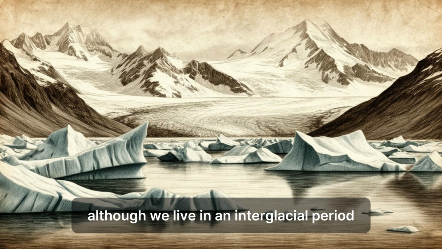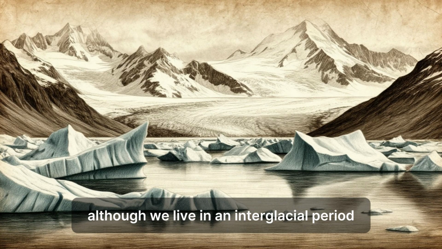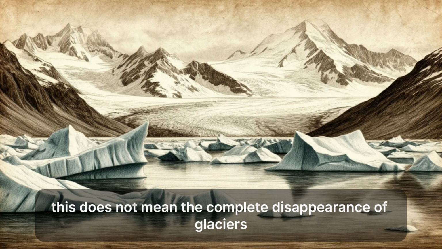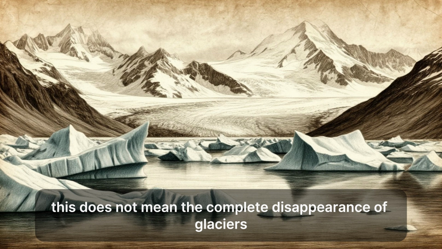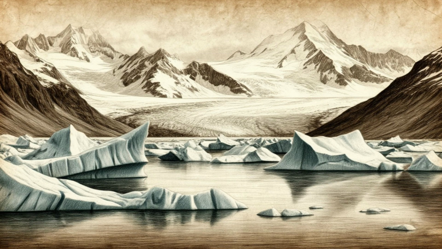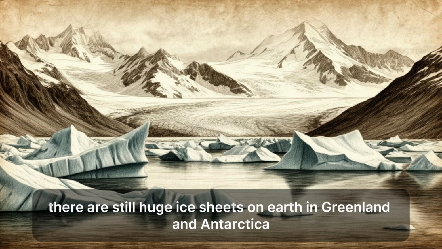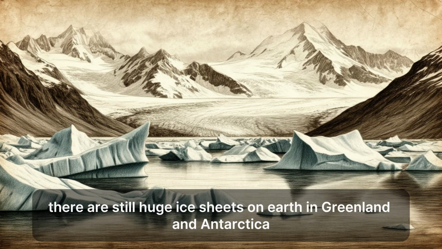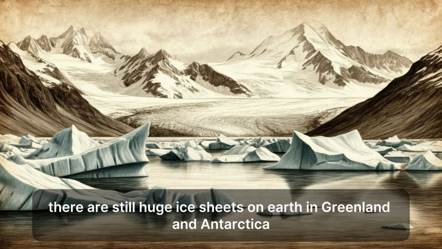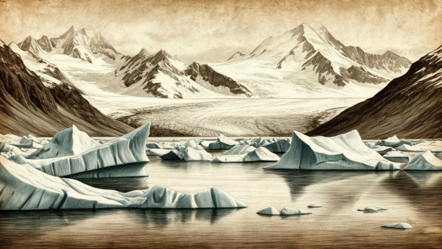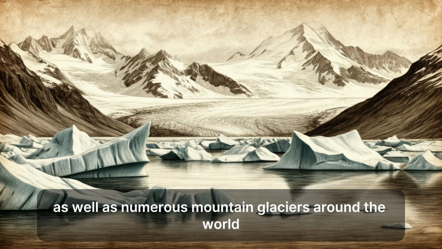Although we live in an interglacial period, this does not mean the complete disappearance of glaciers. There are still huge ice sheets on Earth, in Greenland and Antarctica, as well as numerous mountain glaciers around the world.